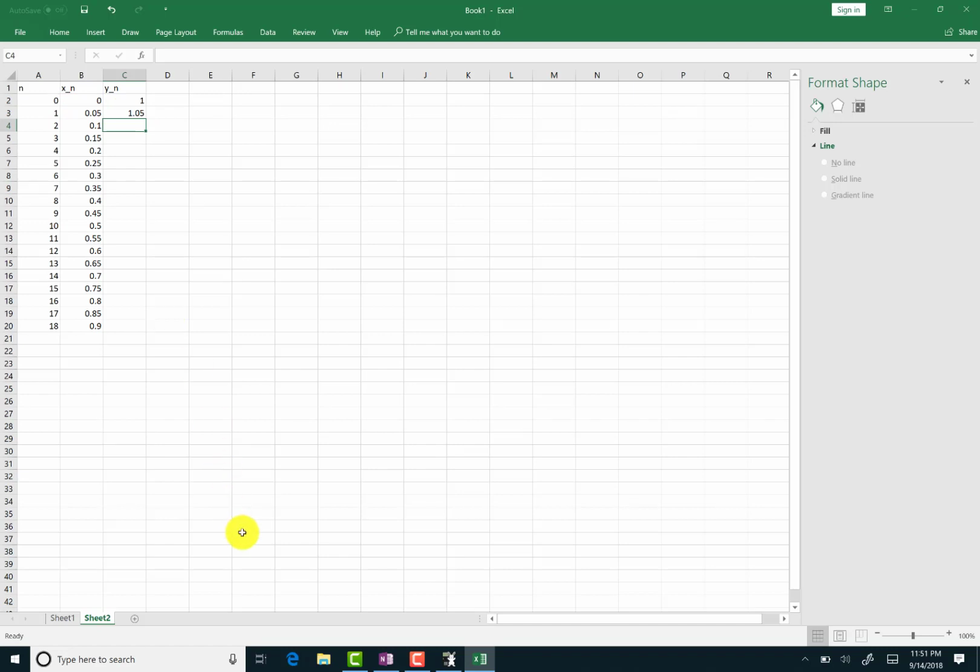And did we get 1.05? Yes, we did last time. So then I'm going to start copying, Control C, and then paste, Control V. And those are my numbers.